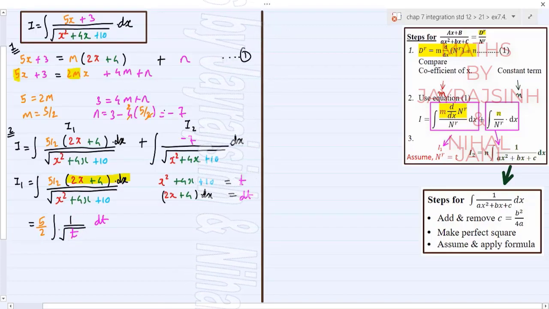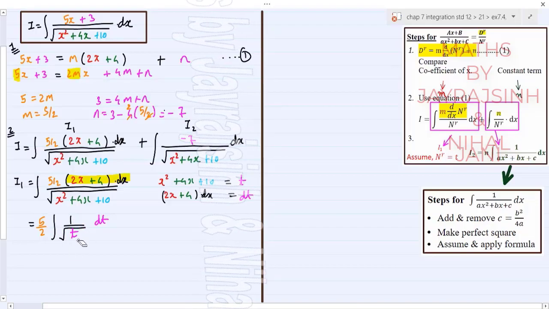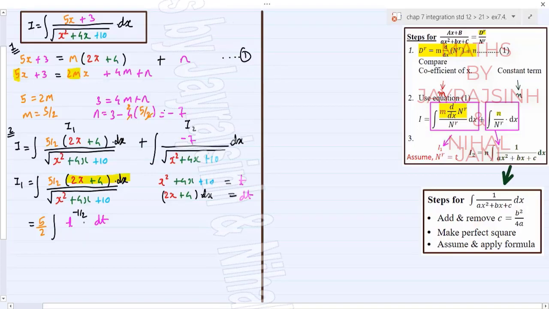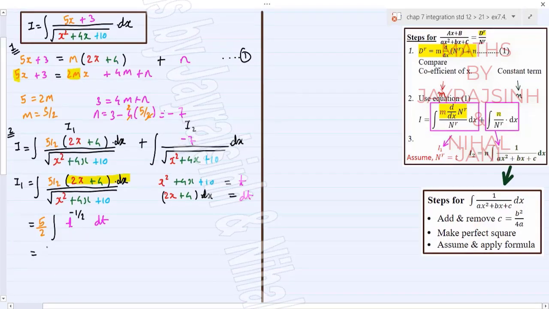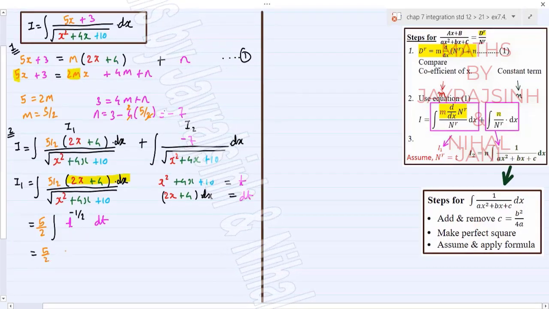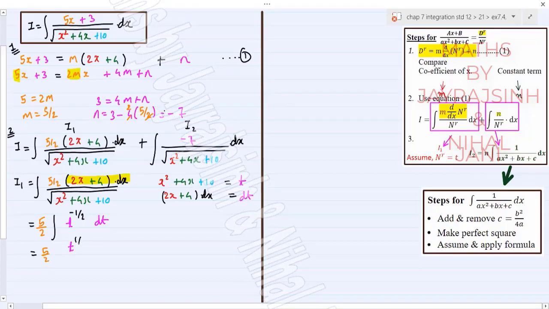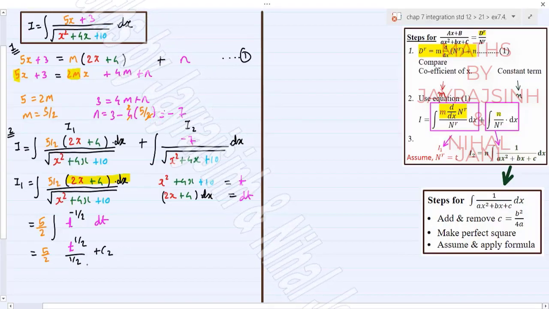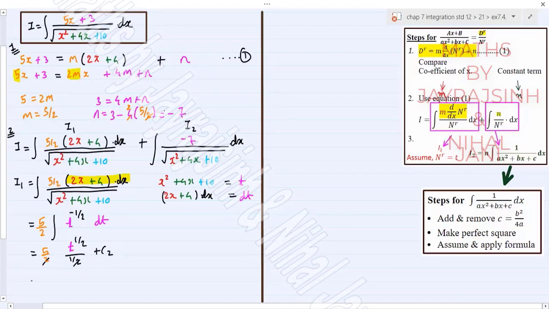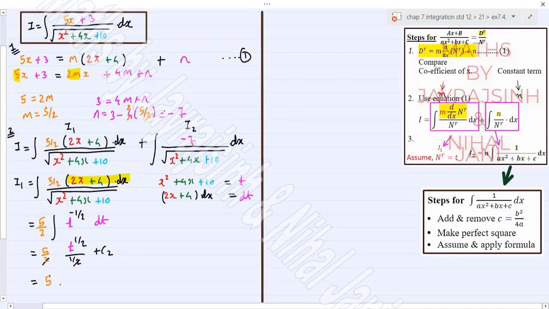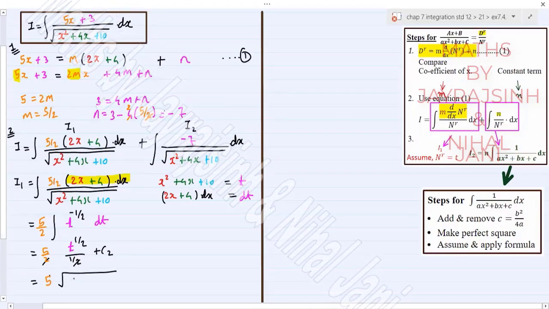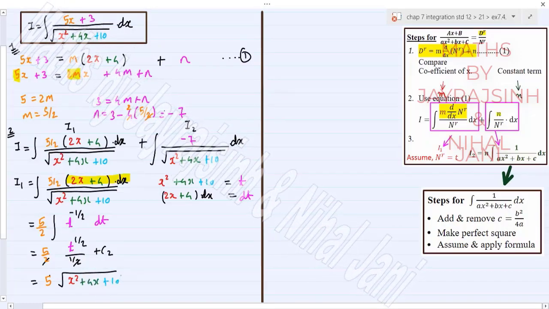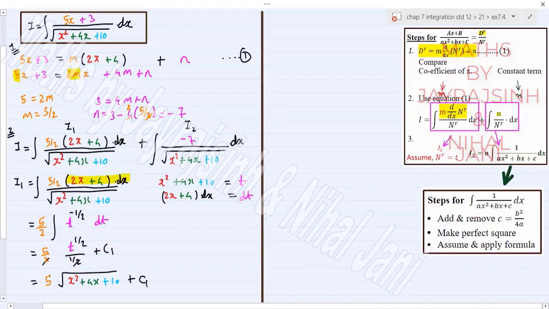So we just have to integrate 1 upon root t, or we can say t raised to minus 1 by 2, which can be easily done as t raised to 1 by 2 upon 1 by 2 plus c2. So here 2 will cancel out. We will get 5 times under root of t, or we can say x square plus 4x plus 10, plus c1. Okay.